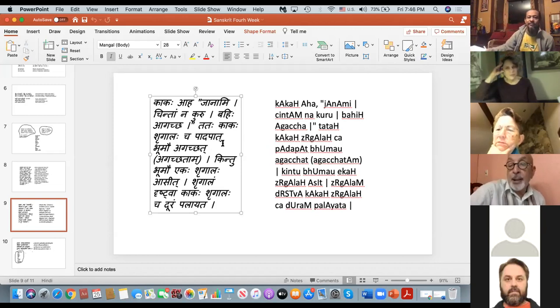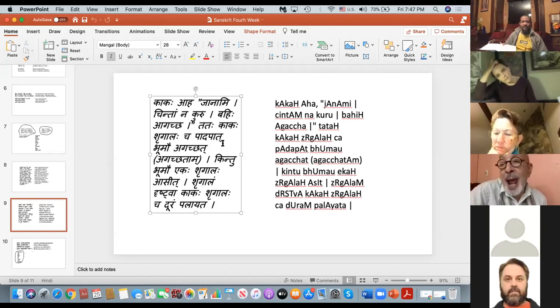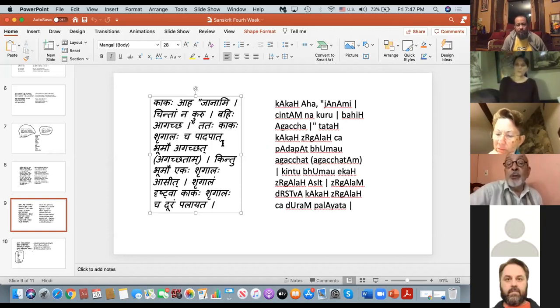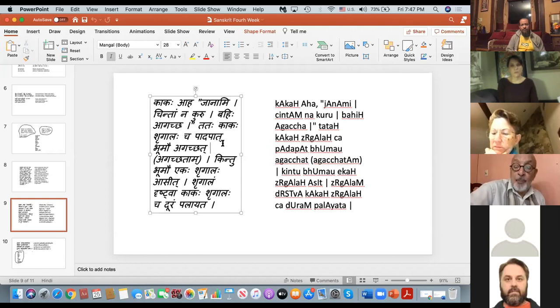Nagarat means from the city. Pushpat, from a flower. Vanat means from a forest. Padapat is ablative, from a particular point. Griham is a house, grihat from the house.